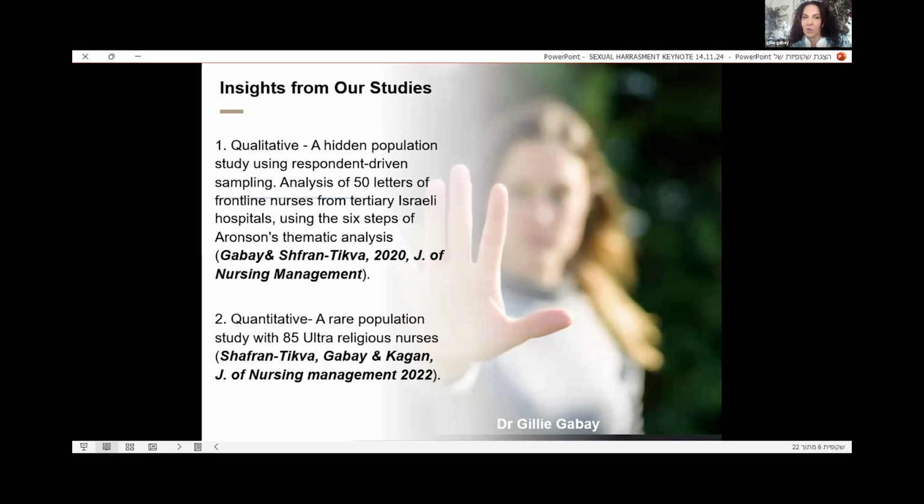The first study was qualitative. It was a study with a hidden population because of the sensitivity of the issue of sexual harassment perpetrated by patients against clinicians.